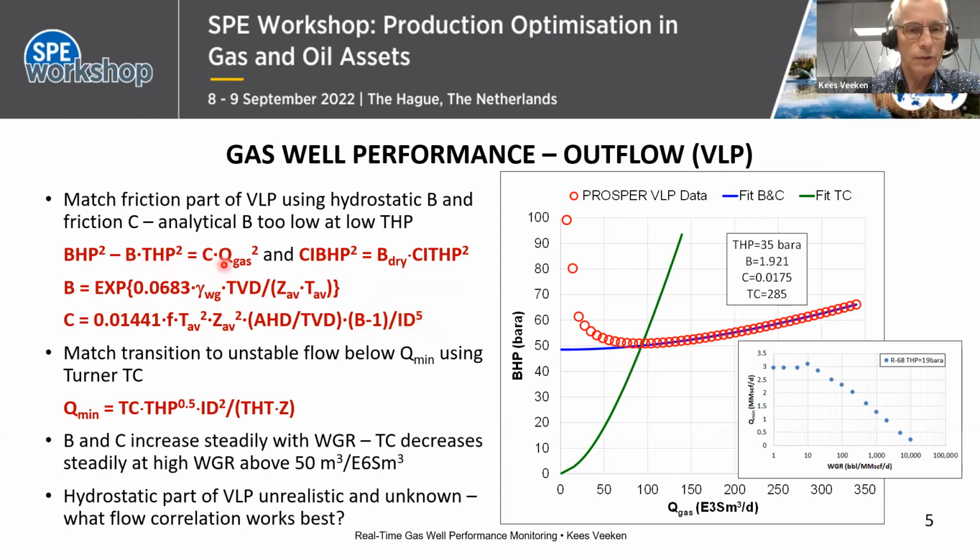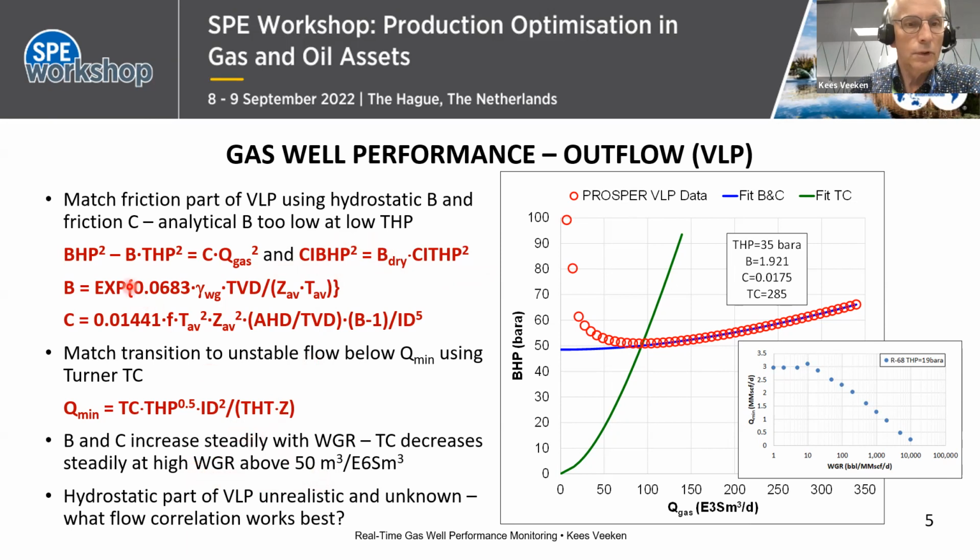So that's a very simple expression for outflow. There's a specific expression for a shut-in well. If you have a shut-in well, you're not transporting liquid to surface. The liquid drains away, and you get a very elegant relationship that translates your closing tubing head pressure into your closing bottom hole pressure by a simple constant. And this one works actually very well.